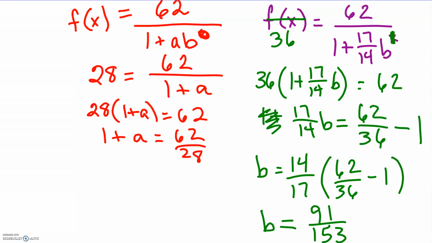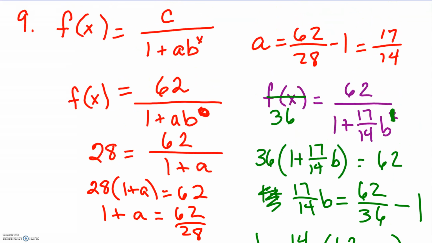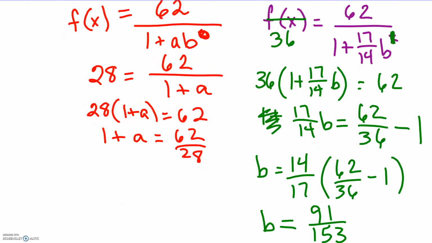So now we have A, B, and C. That's what you're looking for here. You are trying to find what are A, B, and C that you can put into this function. So now I can write the function out. I'm going to put the C value 62 in here. The A is 17/14, and then the B, what we just found, is that 91 over 153.